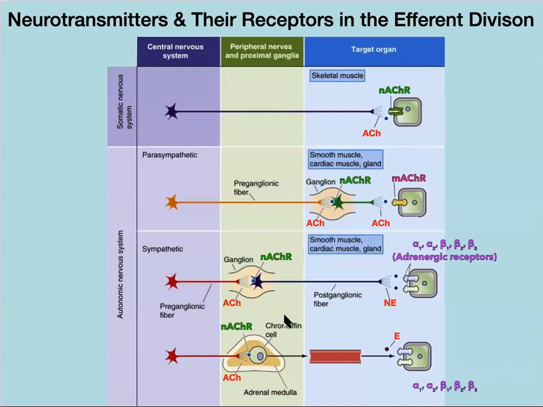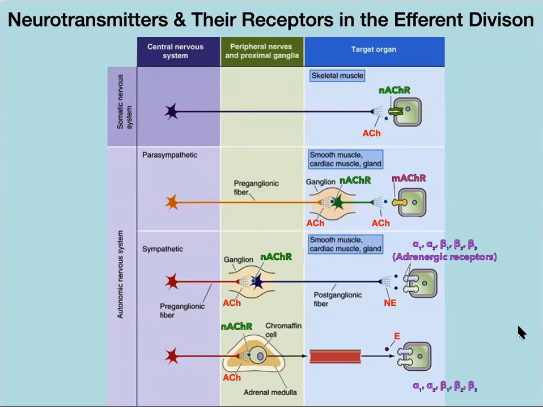And the sympathetic division will have postganglionic neurons that release epinephrine or norepinephrine, mostly norepinephrine, with the exception of the adrenal medulla, where epinephrine is the predominant neurotransmitter and neurohormone that's released. Something we'll discuss later in this lecture.